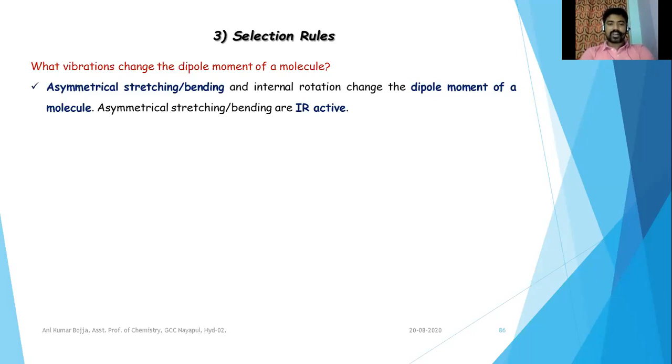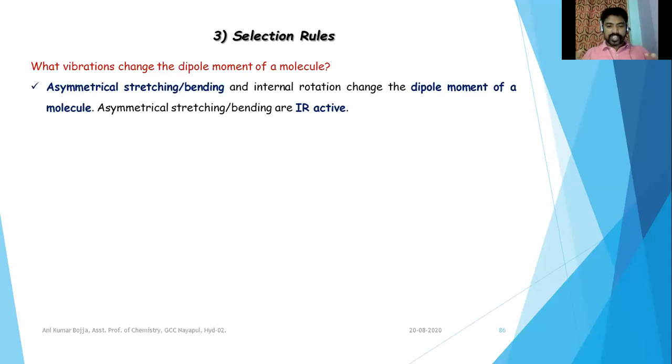Asymmetrical stretching or bending vibrations are infrared active, because in asymmetrical stretching as well as in asymmetrical bending vibrations, the dipole moment value of the molecule will be changed, so whatever kind of transitions or vibrations bring a change in the dipole moment of the molecule, those vibrations are IR active.